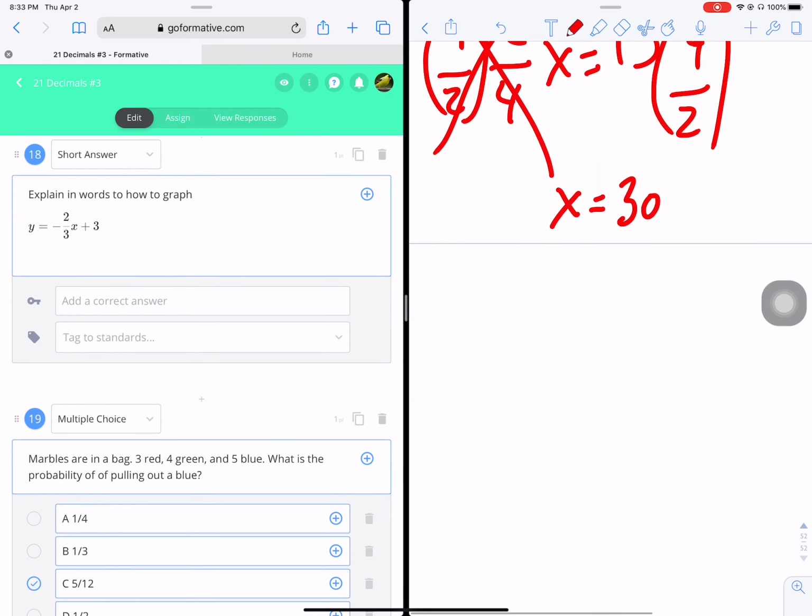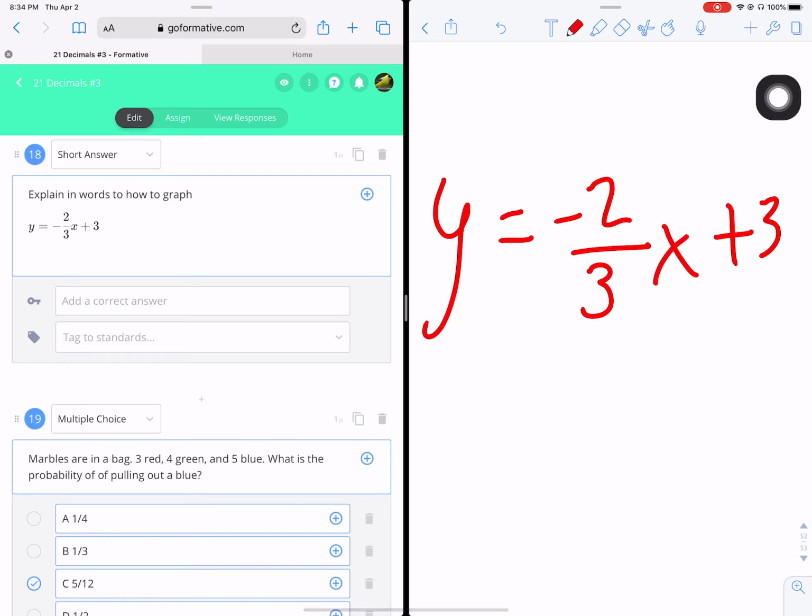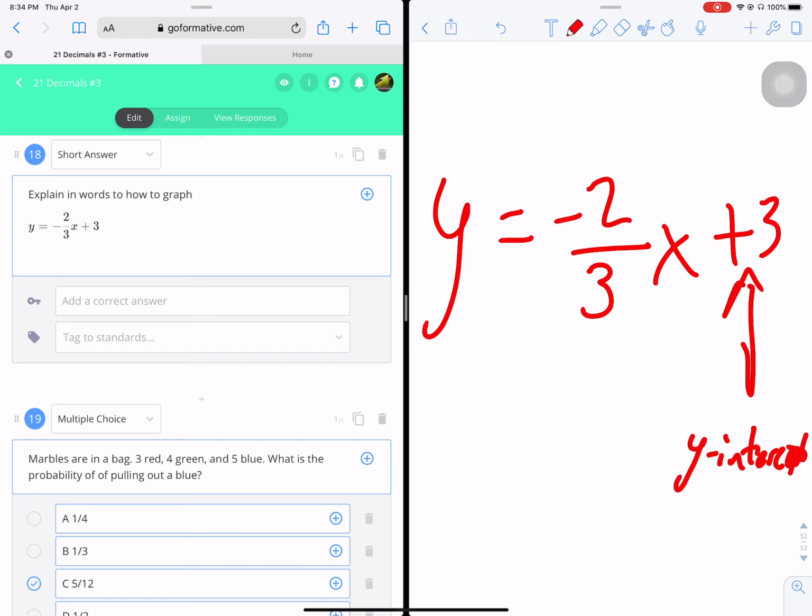How to graph these in words. Remember, we always start at the end. This piece, okay, that is the y-intercept on linear equations. That is where it crosses the y-axis. This is the slope.